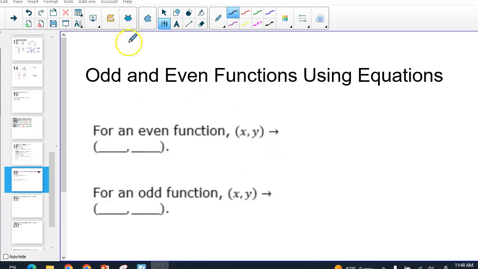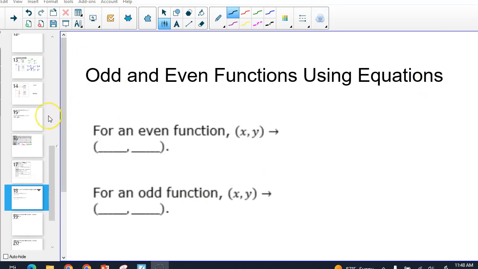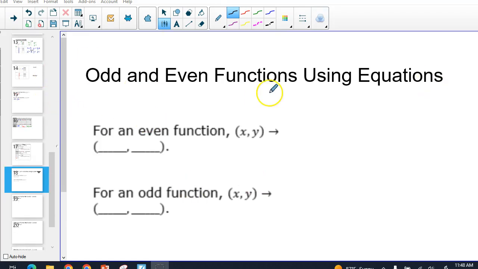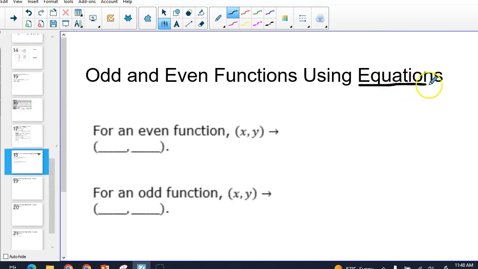Hello class. So we've worked on odd and even functions with graphs and tables so far. Now we're going to look at how we can use those applications that we've seen before to apply it to equations or functions.